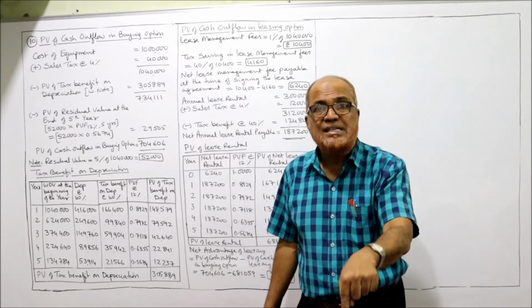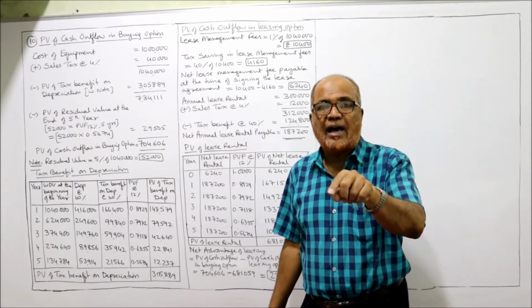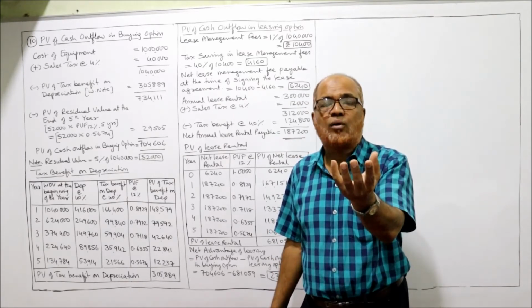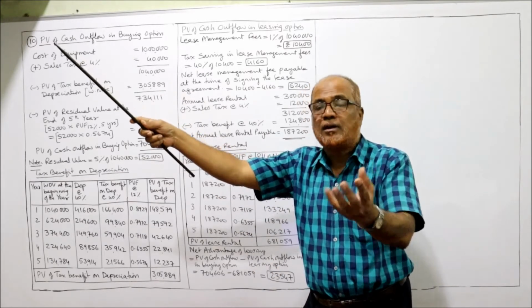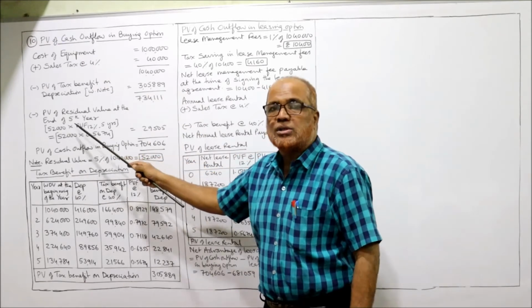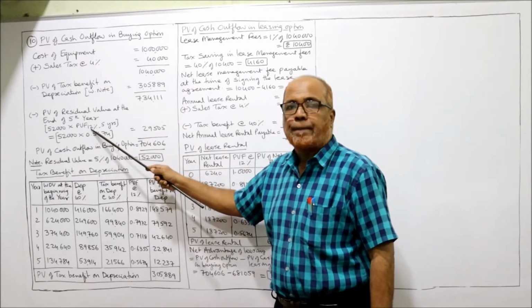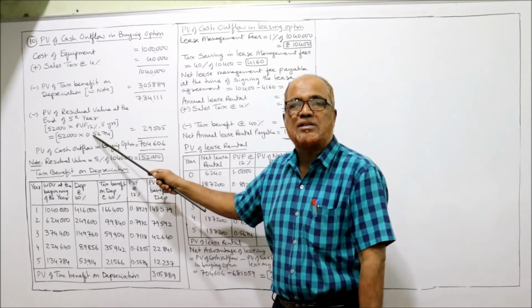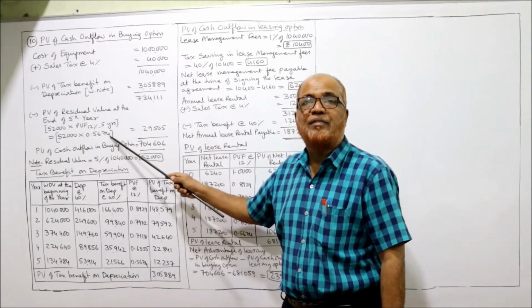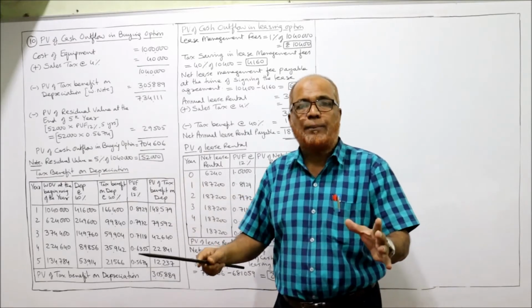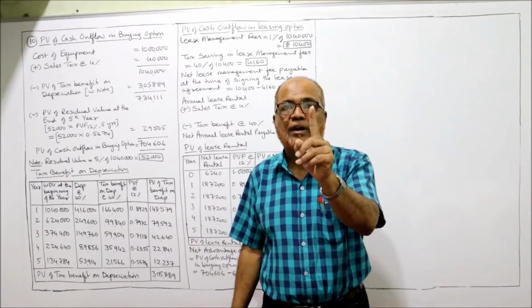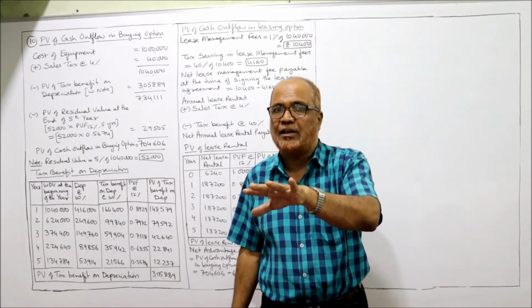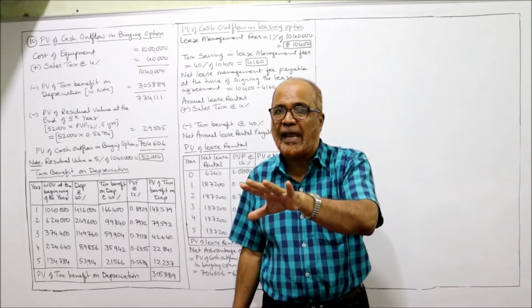Now we want the present value of 52,000 which we are going to get at the end of the 5th year. So this will be 52,000 into the PV factor at 12%, because the cost of capital is given as 12%. Refer to the table, present value of rupee 1. Don't see the annuity table.